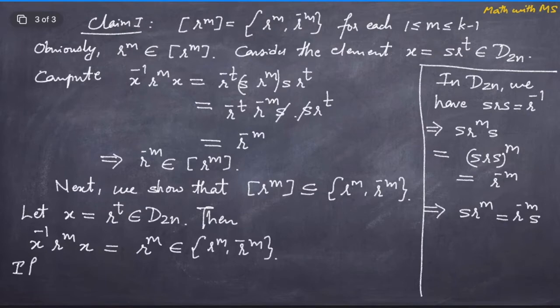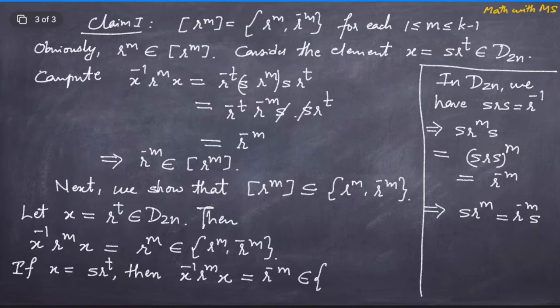And if x is of the form S into R to the power t, then x inverse R to the power m x is the same as R to the power minus m, which again belongs to this set, {R to the power m, R to the power minus m}. This follows from star.